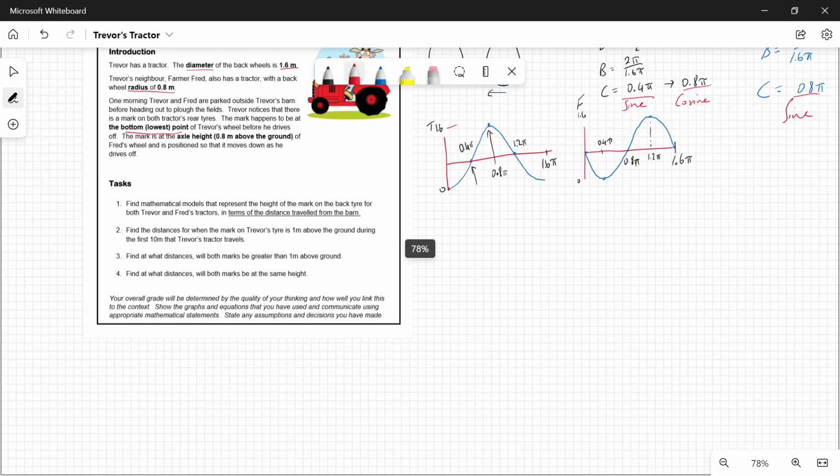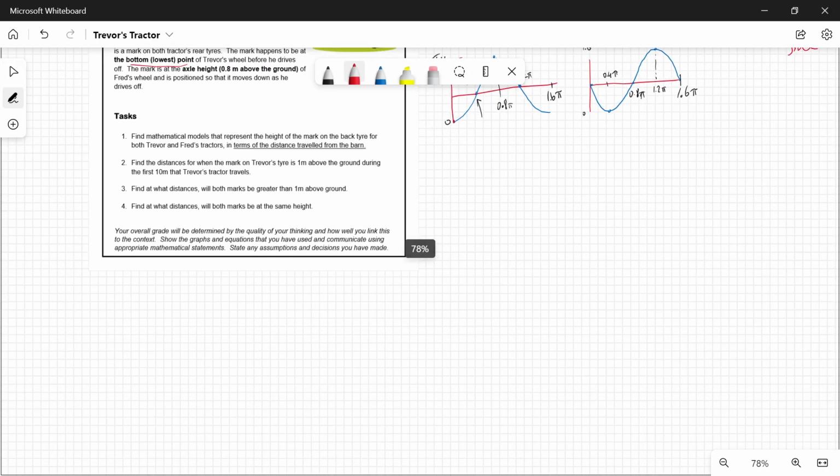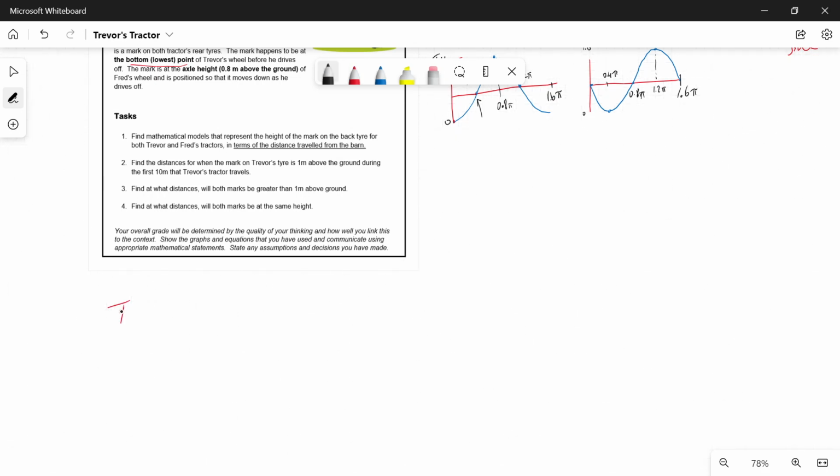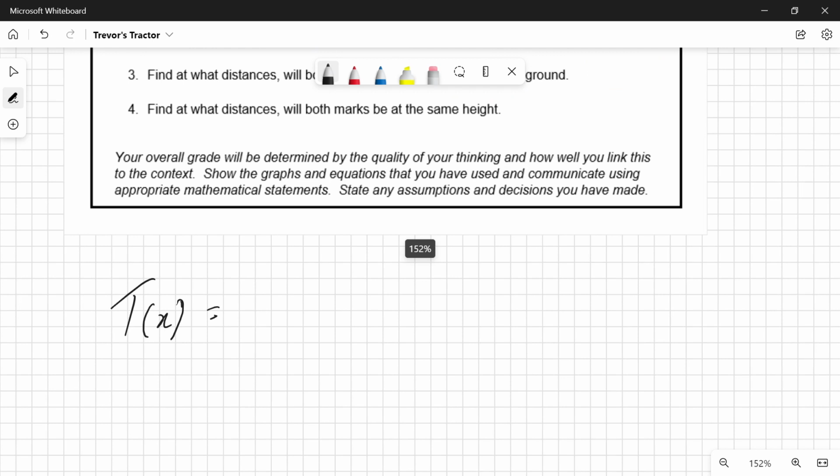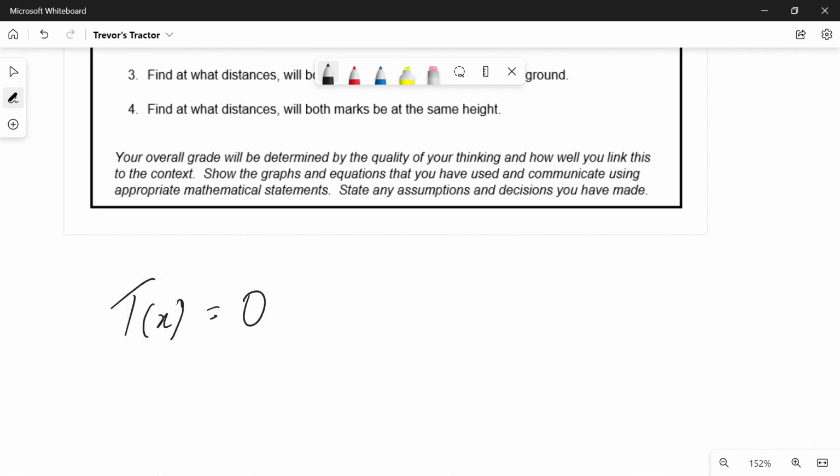So how do we do that? First off, let's take Trevor's equation. Trevor's equation was 0.8 sine or cosine.